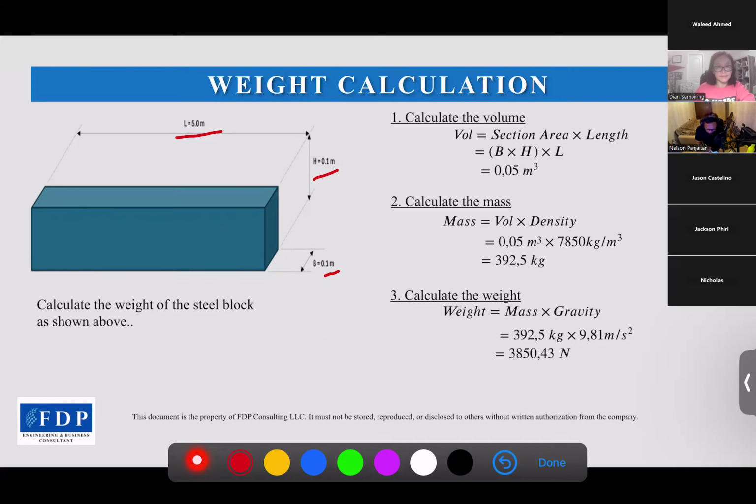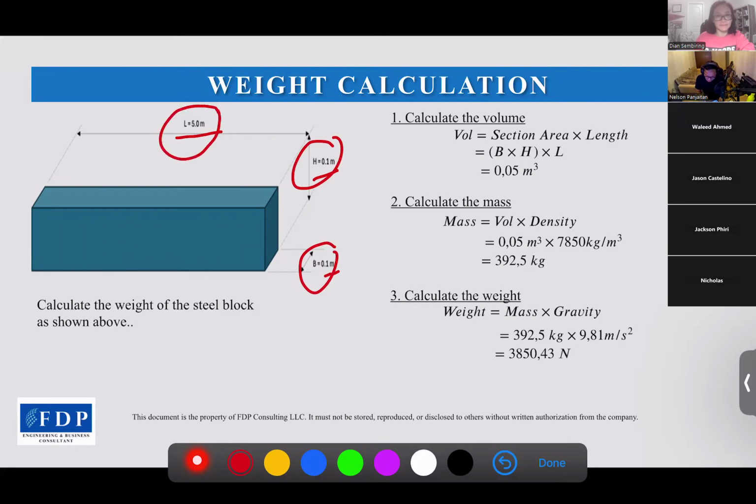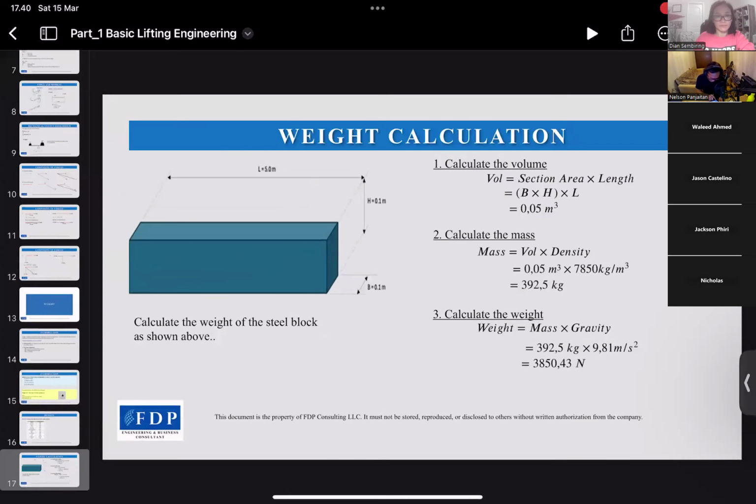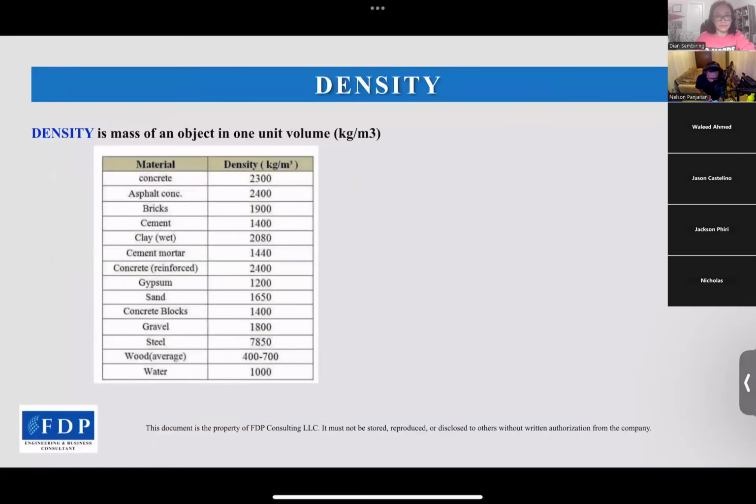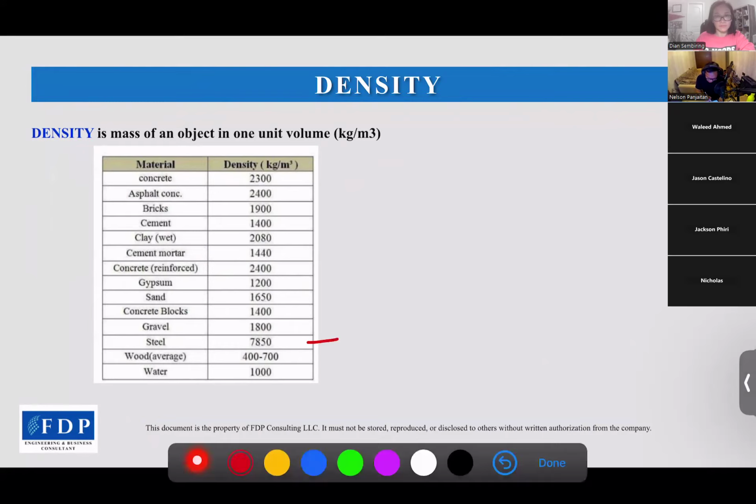The section area is 0.1 times 0.1, times the length, so the total will be 0.05 cubic meters. And then we calculate the mass. Mass is volume times density. The density, as we saw before, for steel is 7,850 kilograms per cubic meter.